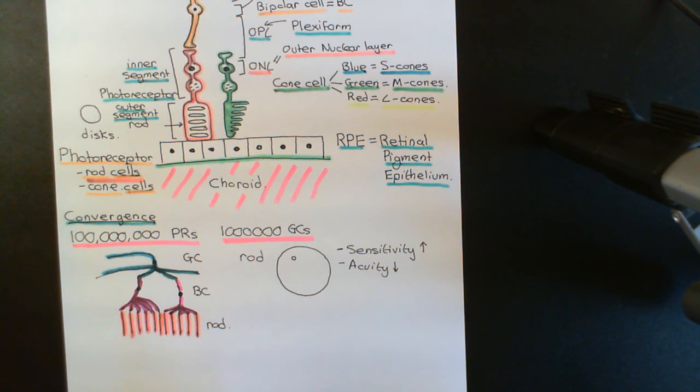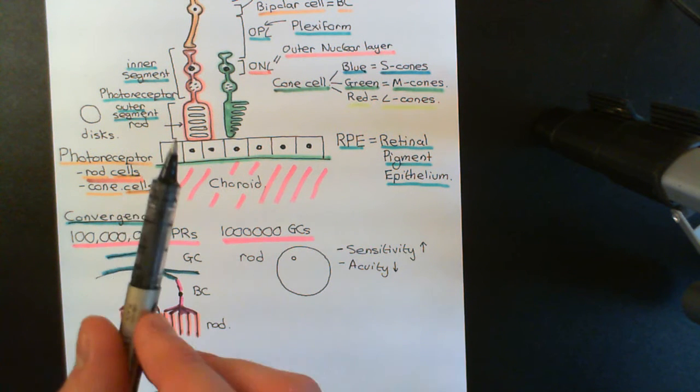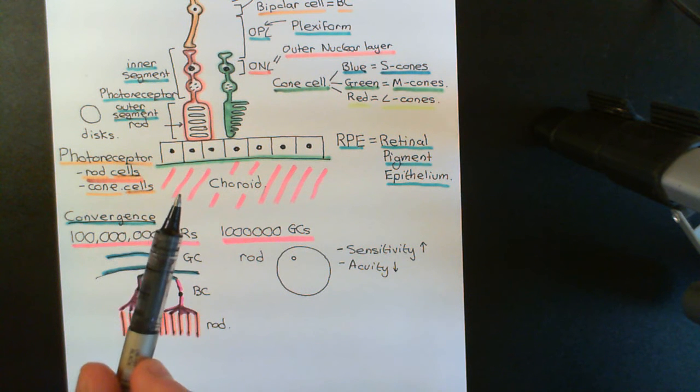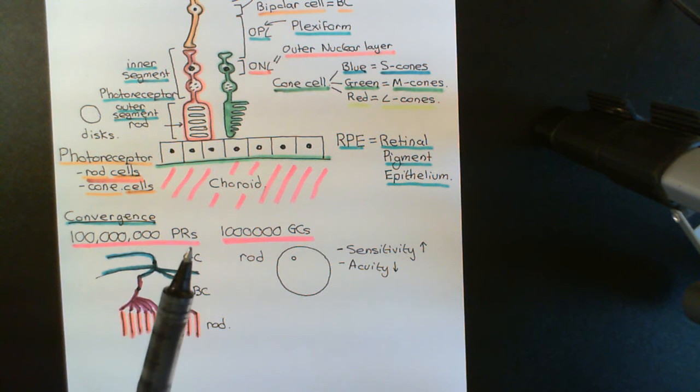So that's why we have low visual acuity, whereas if you imagine we had one photoreceptor going on to one bipolar cell going on to one ganglion cell, we'd have much higher visual acuity, because when the ganglion cell transmitted an electrical signal, we would know that a specific photoreceptor had been activated, and we'd be able to trace exactly where in visual space that visual stimulus had come from.